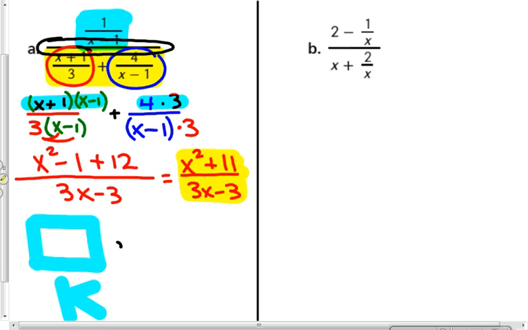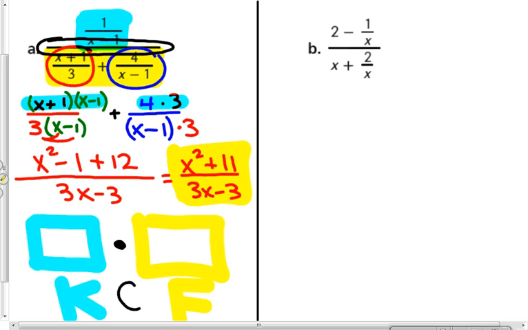We're going to change it to multiplication. And then we're going to flip this answer right here upside down. Keep, change, flip. Keep 1 over x minus 1 times 3x minus 3 over x squared plus 11.